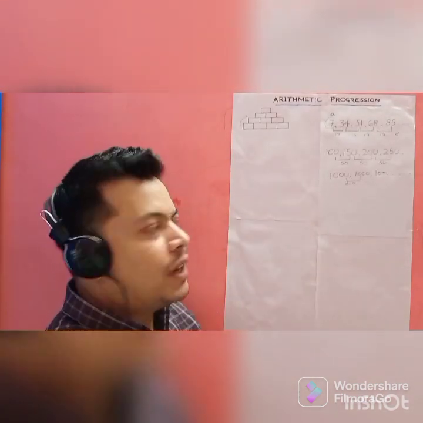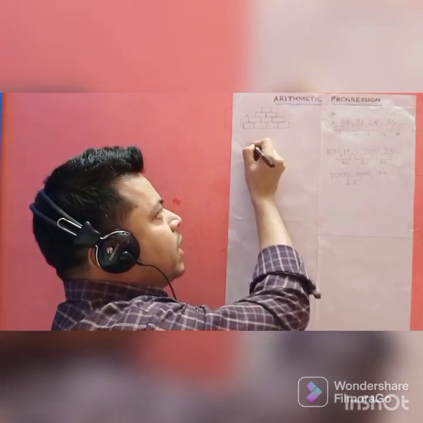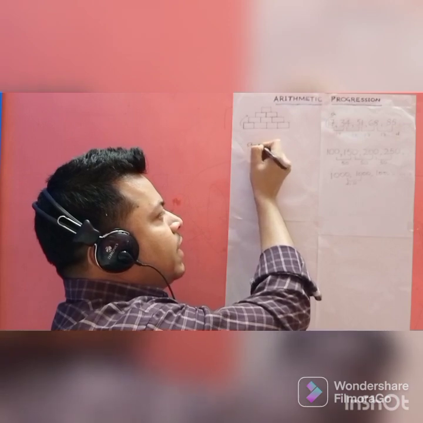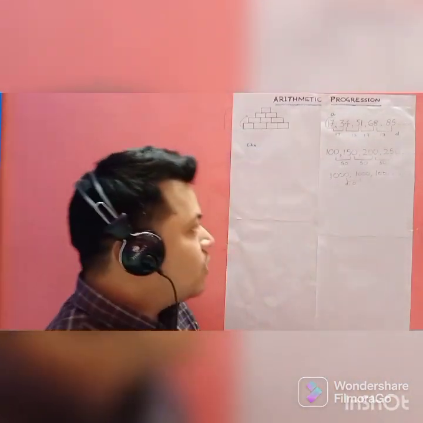Now moving to the next point. The next point is how to find the nth term of an AP. Well, the nth term is represented by small a suffix n. And for understanding this concept, I am drawing a diagram.